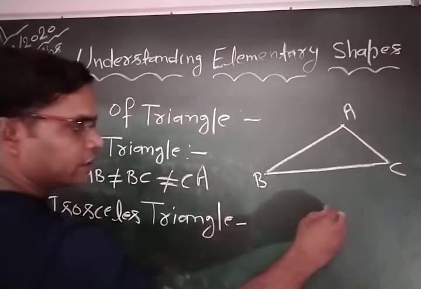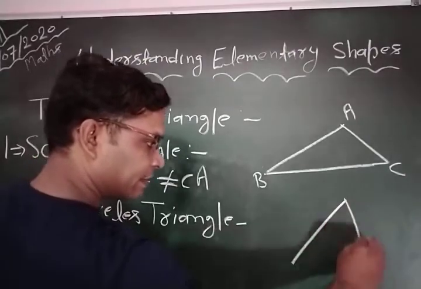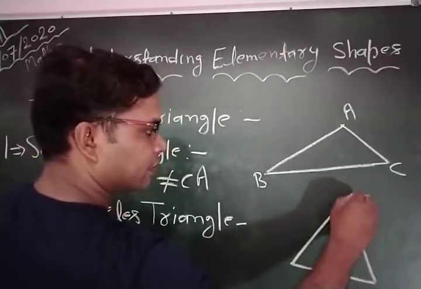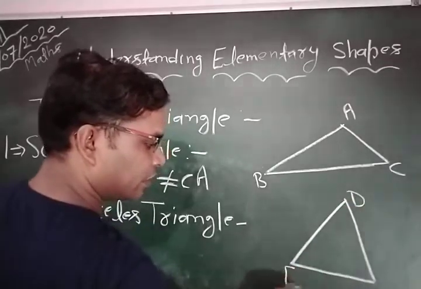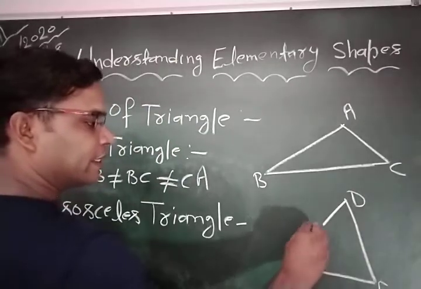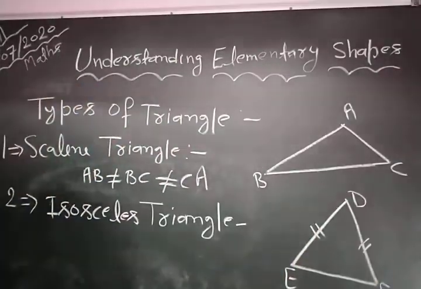Now second is the isosceles triangle. The figure of an isosceles triangle looks like this. D, E, F. In this triangle DEF, sides DE and DF are equal.